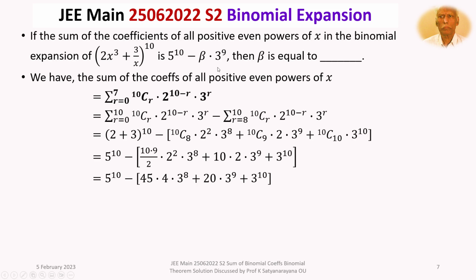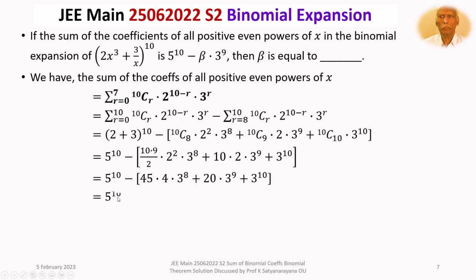Let's look at what it is that we want: 5 to the power of 10 minus beta times 3 power 9. So we want 3 power 9 out. From 45 you take out a 3, so 3 into 15. So 3 into 3 power 8 is 3 power 9. And what we are left with is 15 into 4, that is 60.